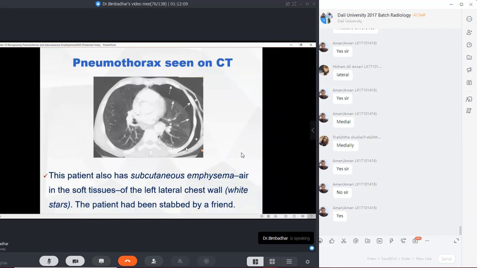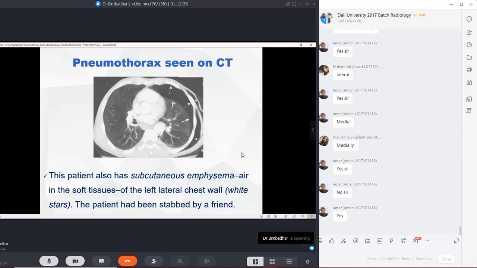Subcutaneous emphysema is air present in the soft tissues, and this actually happens because of a penetrating trauma. Penetrating trauma is, okay, if I stab somebody with a sharp object, it is called penetrating trauma. That will eventually cause the air to escape from the external environment into the thoracic cavity. There is a communication.